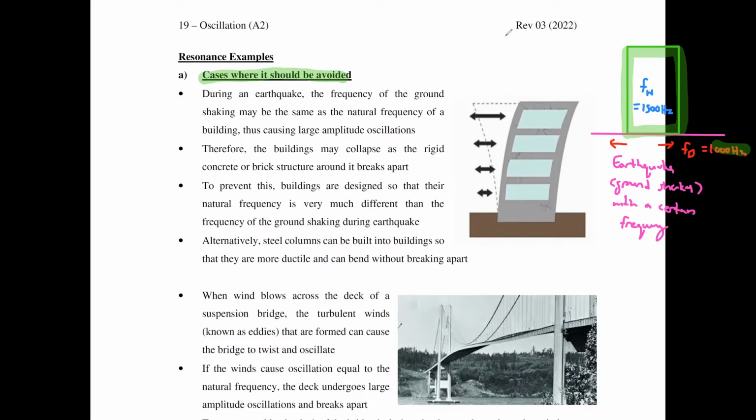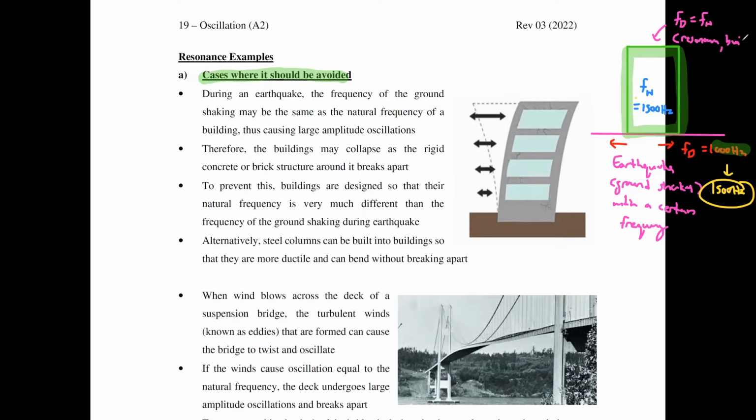But what happens if, for some period of time, our driving frequency suddenly changes to 1500 hertz? In this case, when your driving frequency suddenly becomes equal to the natural frequency of the building, when Fd equals Fn, you have resonance.